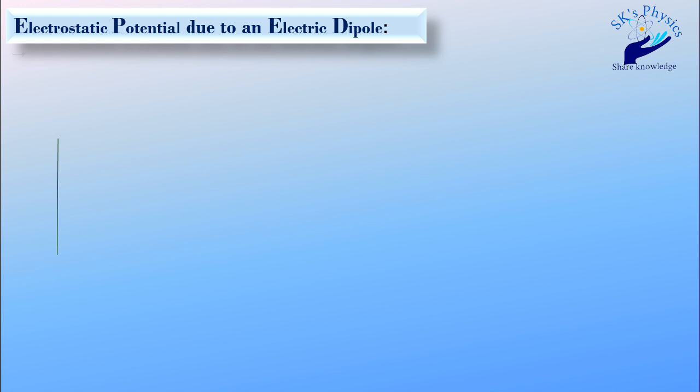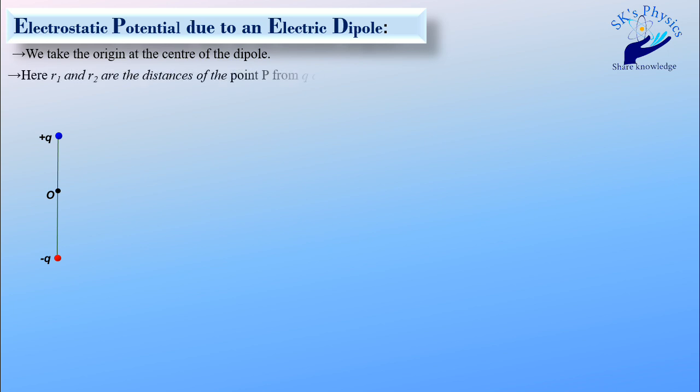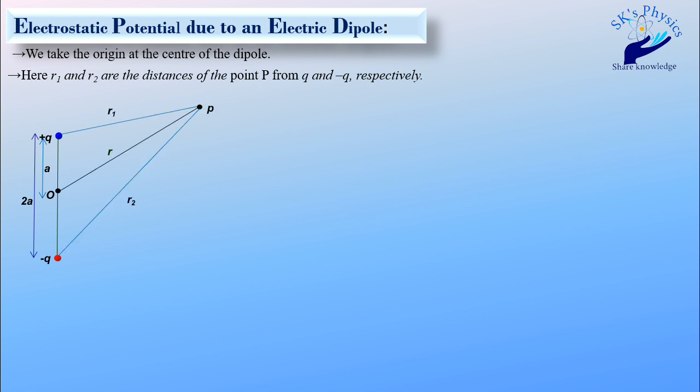Now, electrostatic potential due to an electric dipole. We take the origin at the center of the dipole, meaning a dipole with plus q charge and minus q charge, and the origin in the middle. Now the total distance is 2a, so the distance of plus q is a, and now we take a point P, where the distance from plus q to P is r1 and from minus q to P is r2.